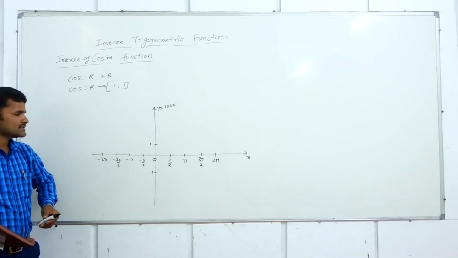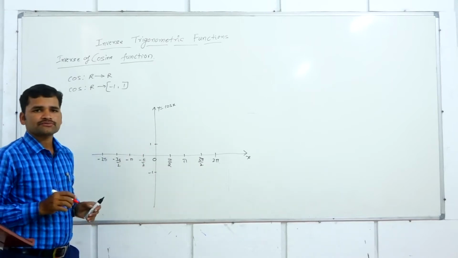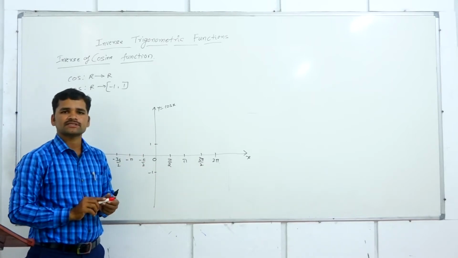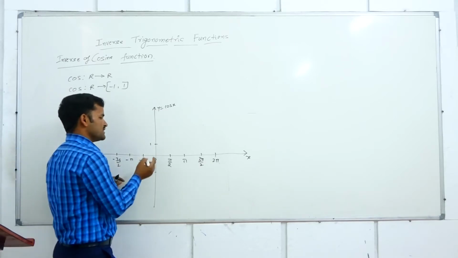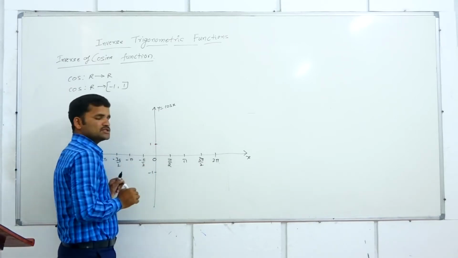What is cos 0 value? Cos 0 is 1. Means when we substitute x is equal to 0, we are getting 1. 0 comma 1 is the point. Here is 0 comma 1.